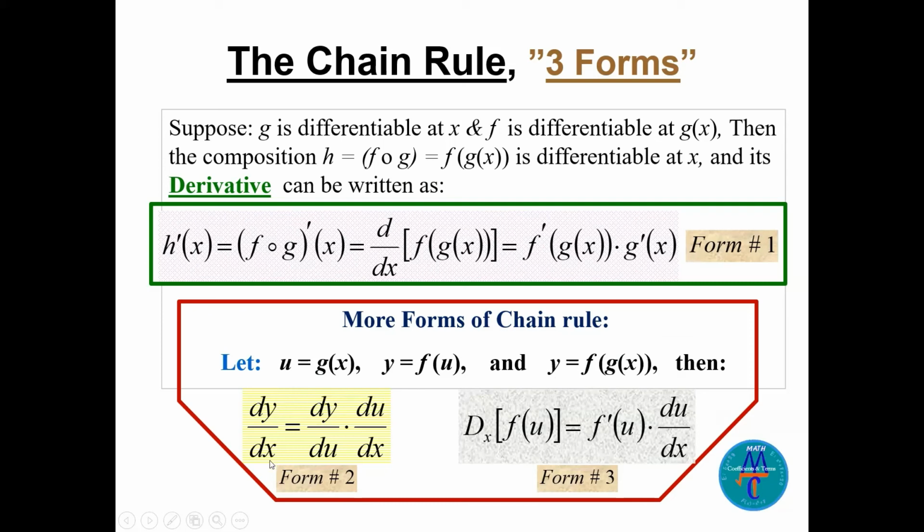So dy over dx is equal to dy over du, because y is a function of u, times du over dx. You can use this for chain rule, or you can say directly the derivative of f of u will be f prime of u times the derivative of the inside function, du over dx.